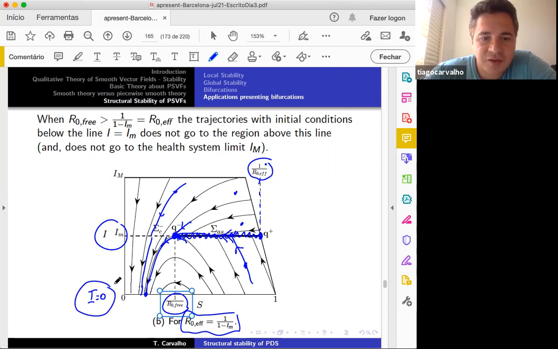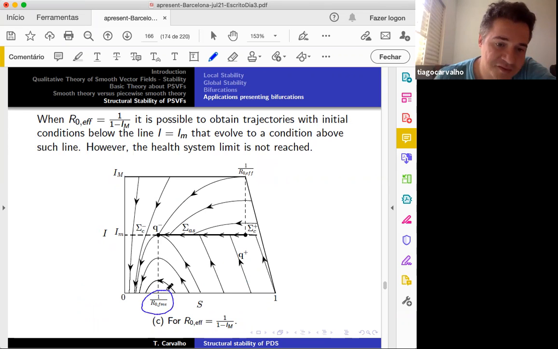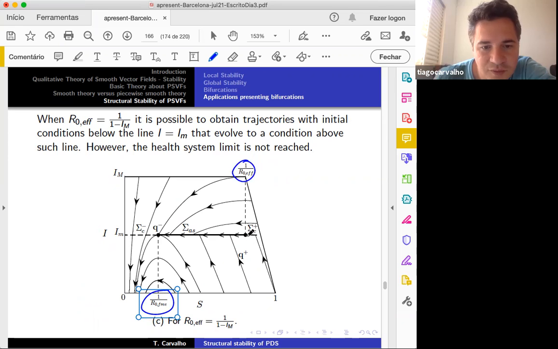Again, let's see another case. This number is still smaller than the previous one. Here we have a sliding region, and here a crossing region at this segment.